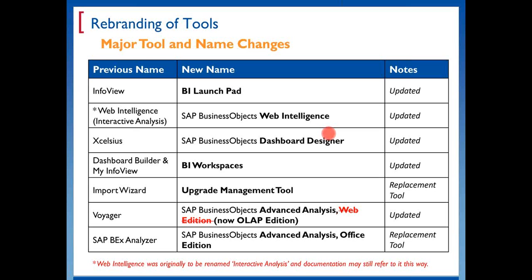The question was about the difference between BEX and Advanced Analysis. Basically, these two are now integrated into one platform with the 4.0 release, SP03. We do not have the OLAP edition available.